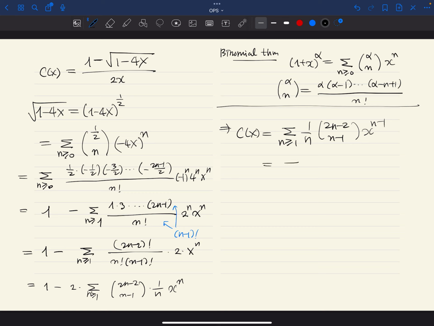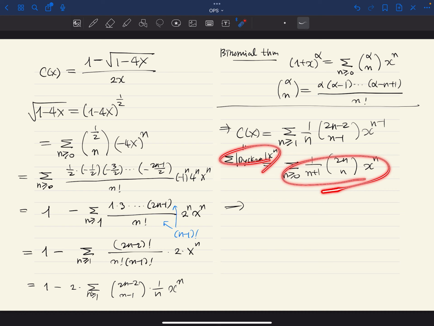But we can shift this n, then we get 1 over n plus 1, 2n choose n, x to the n. But what does that mean? This was the generating function for the Dyck path, 2n choose n, x to the n, right? That means two generating functions, two formal power series are equal. That means all the coefficients are equal. So we get this result.